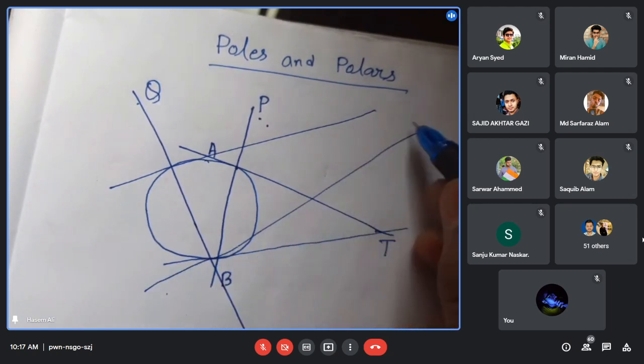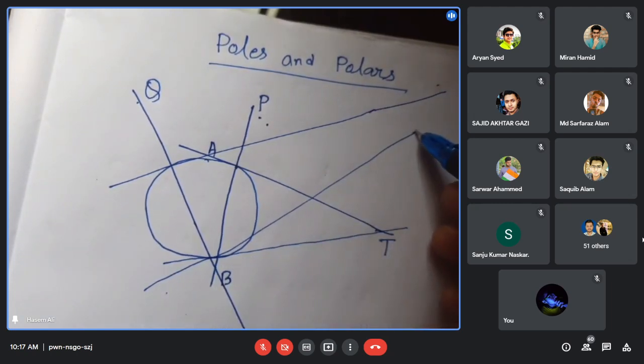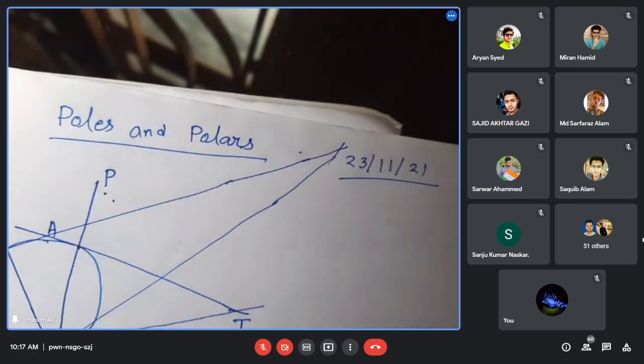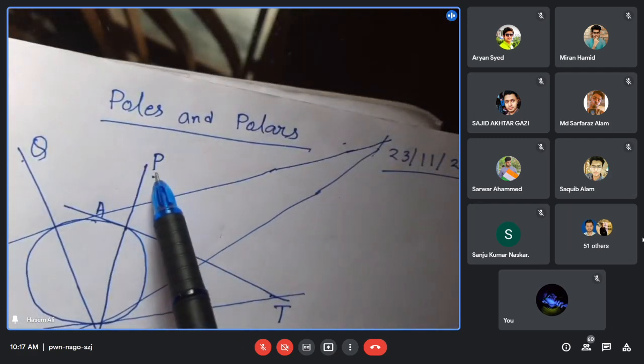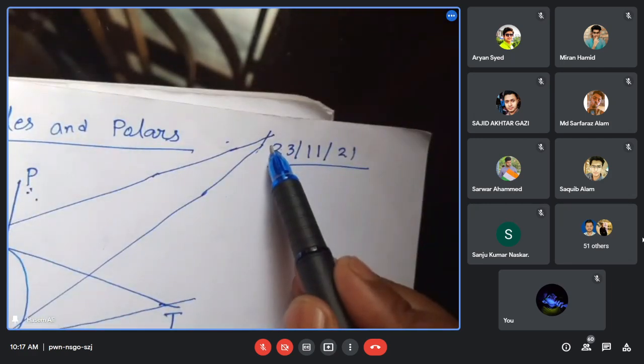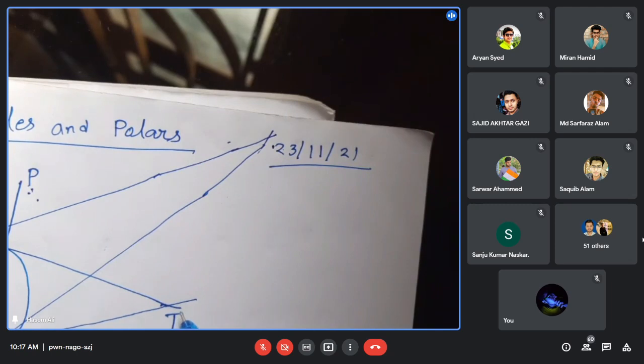Then these two tangents meet at some point. If we vary these points, then we will get other points.